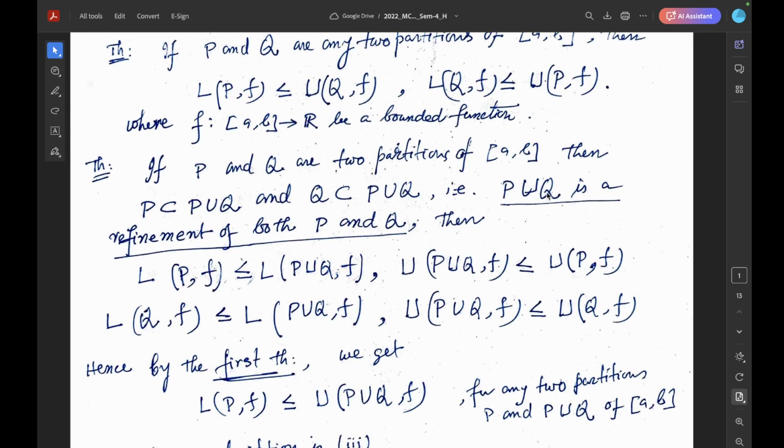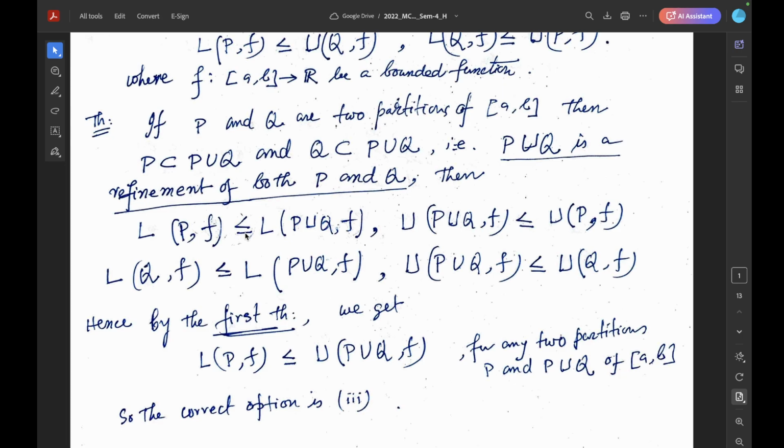That is, P∪Q is a common refinement of both P and Q. Then L(P,f) is less than or equal to L(P∪Q,f), and U(P∪Q,f) is less than or equal to U(P,f), and L(Q,f) is less than or equal to L(P∪Q,f), and U(P∪Q,f) is less than or equal to U(Q,f).